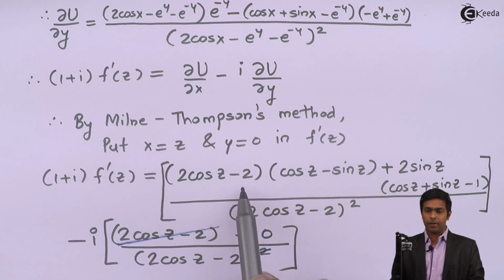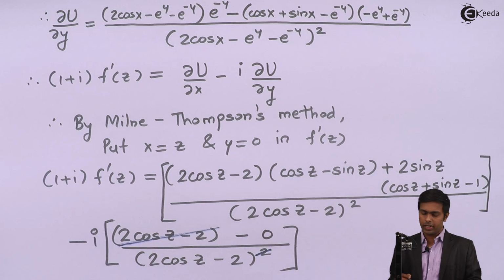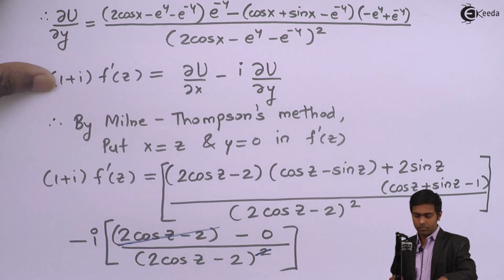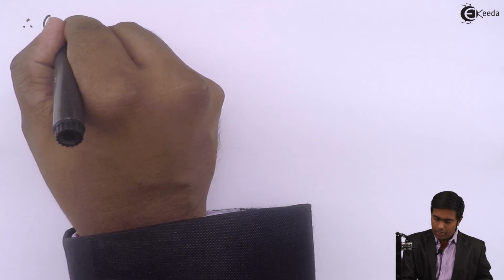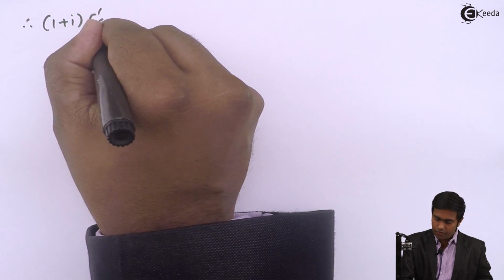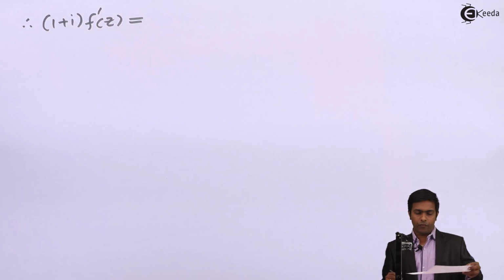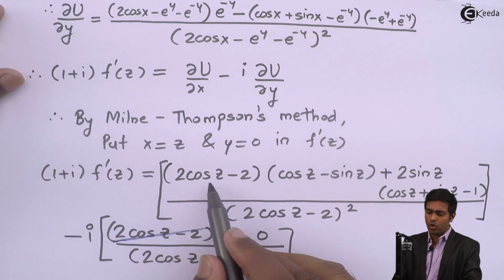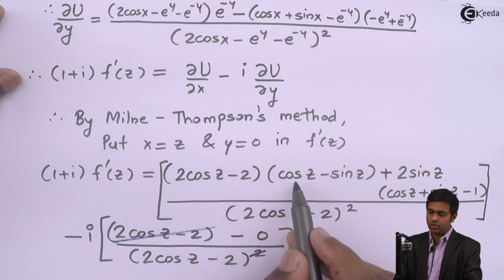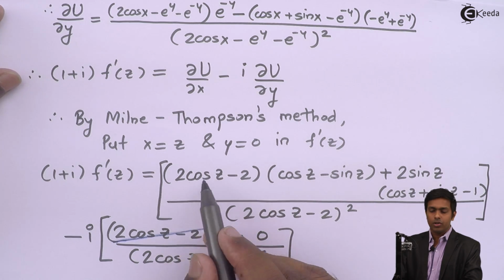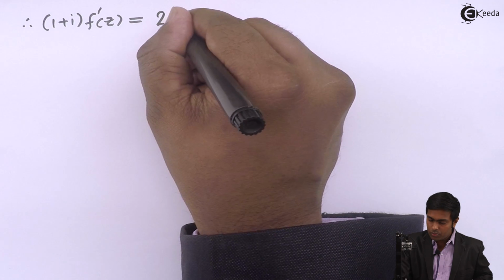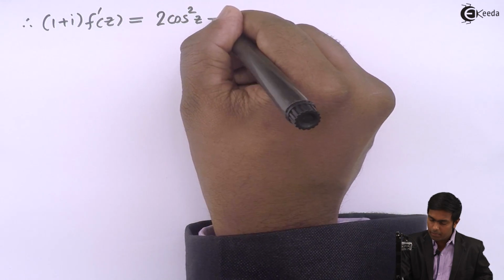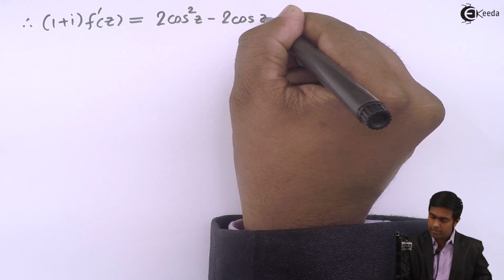Here we will multiply these terms. Therefore 1 plus i f dash of z equal to, so first of all I will multiply this 2 cos z minus 2 term with cos z. So this will be cos z into this, 2 cos square z minus 2 cos z.